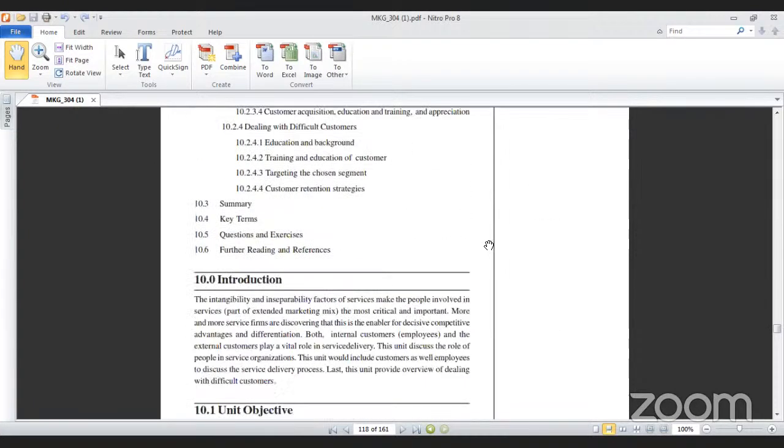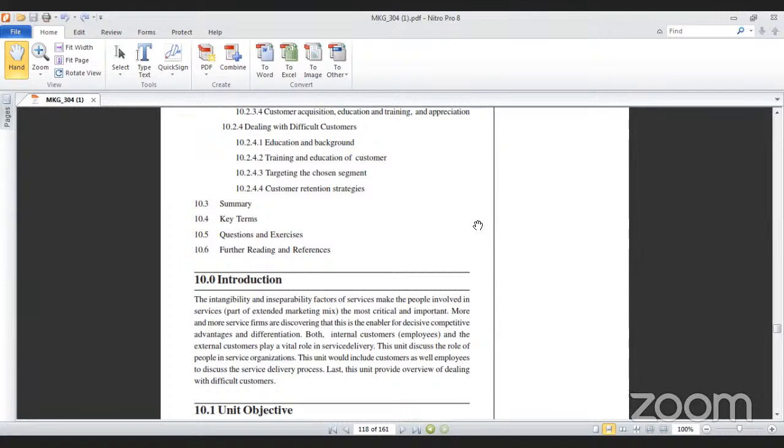In this chapter, given the inseparability of service, the people involved in service are the most critical and important. More and more service firms are discovering that this is the key to decide competitive advantage and differentiation.